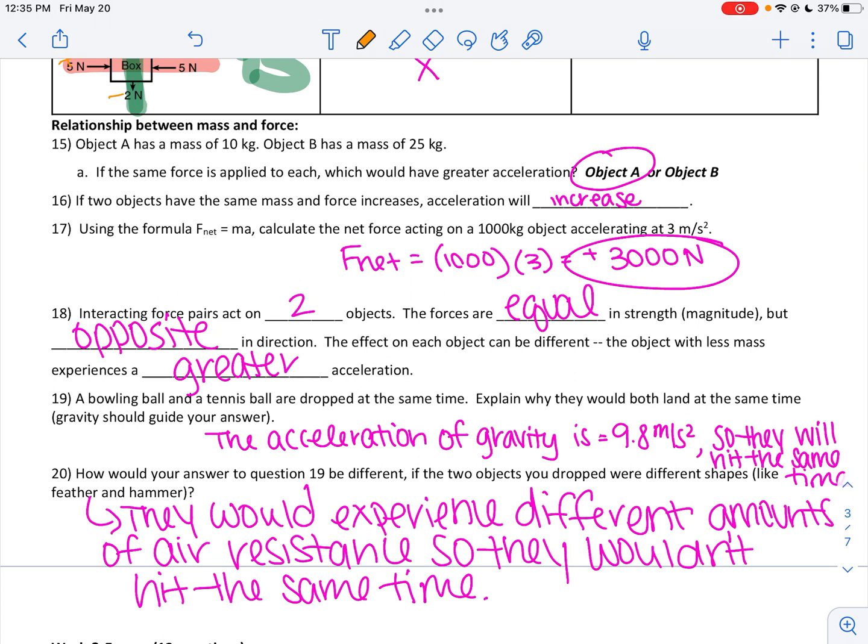Newton's third law, which is number 18, is for every action, there is an equal and opposite reaction. So if I am looking at a bat striking a ball, the ball then also strikes the bat. So we have forces acting on two separate objects, but those forces are going to be equal in magnitude. I always ask students, well, which force is greater?